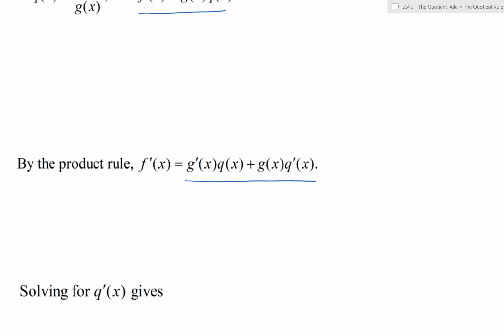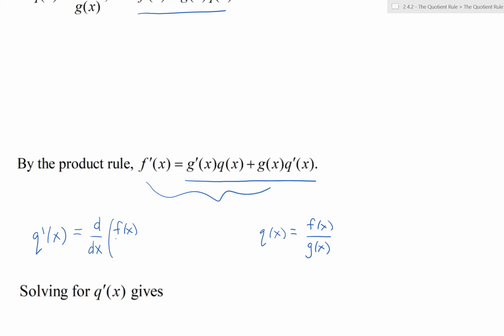Now, if I solve that for q prime of x, because remember, q of x was assumed to be f of x over g of x, and then we have this relationship between the derivatives f prime, g prime, and q prime. Well, q prime is the derivative that we're after, right? q prime of x here is the same as the derivative with respect to x of f of x over g of x.